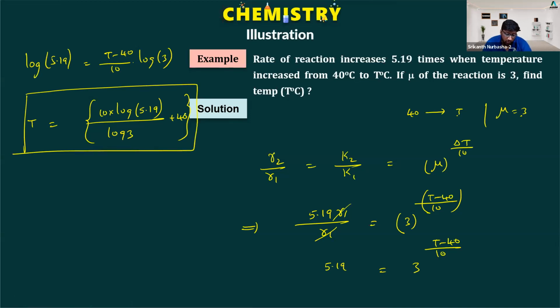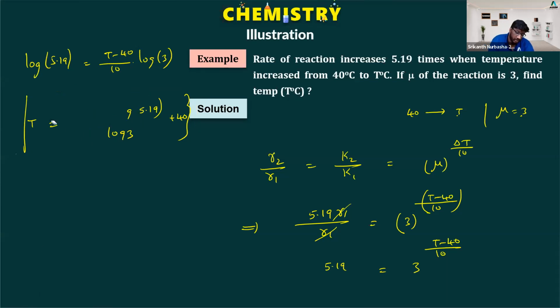Okay, this is your T in degrees Celsius. If you have any difficulty writing it directly, you can write it down in many steps. So 10 times logarithm of 5.19 is equal to T minus 40 into log 3. 5.19 you can approximate to 5.2.